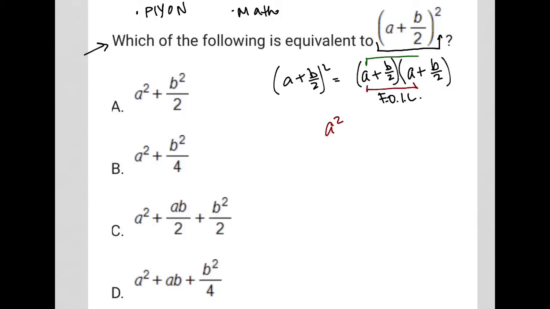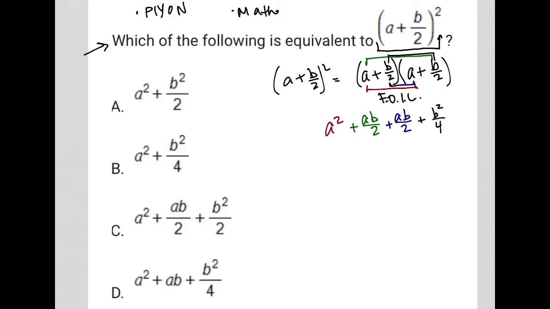I multiply the two outer things and get ab over 2. And then I is for inner. I multiply the two inner things, and I also get ab over 2. And then L is for last, in which I multiply the two last terms, and I would have b over 2 times b over 2, which is b squared over 4.